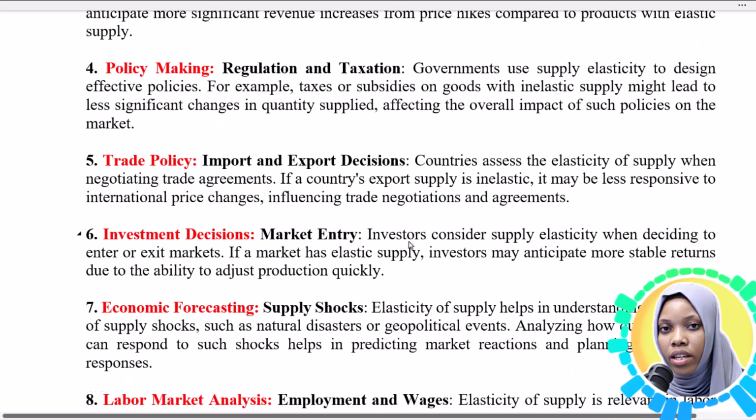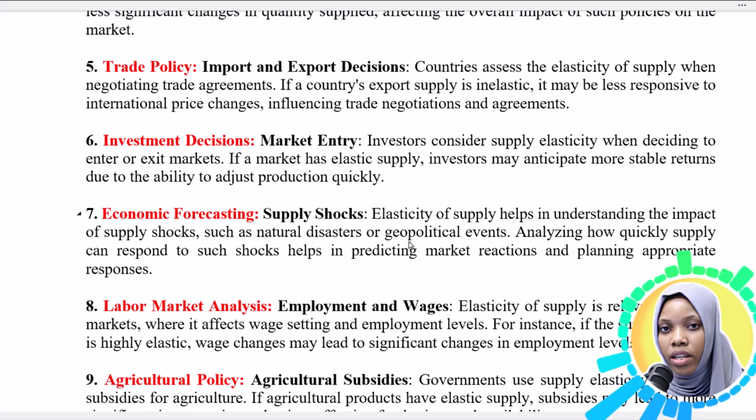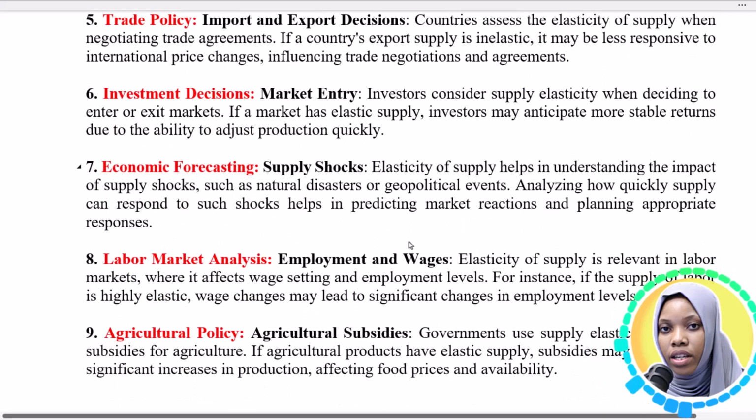Another application, that is application number 7, we use the elasticity of supply to forecast the economy. Elasticity of supply helps in understanding the impact of supply shocks such as natural disasters or geopolitical events. Application number 8 is in the labor market, where wage setting and employment levels are determined.